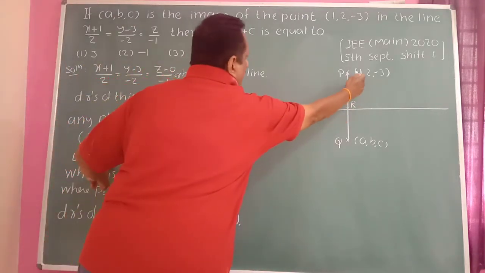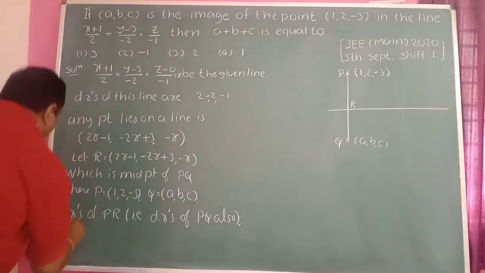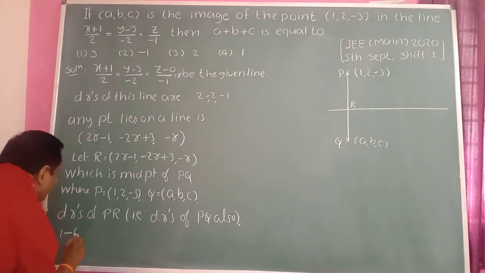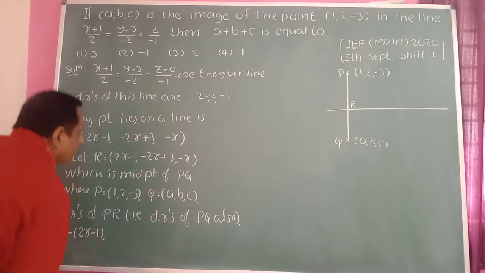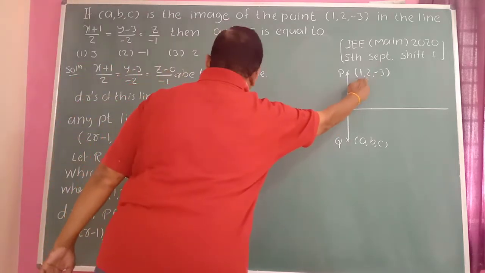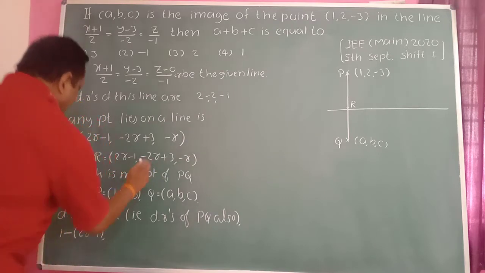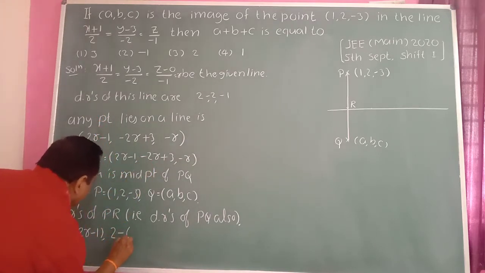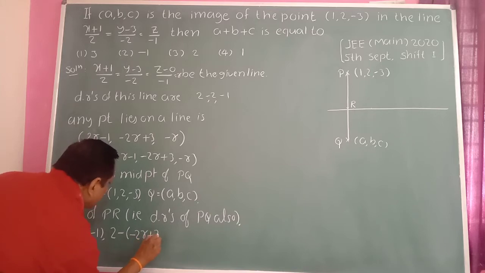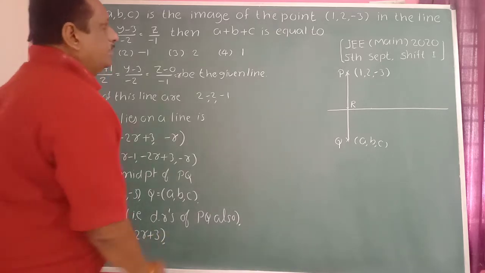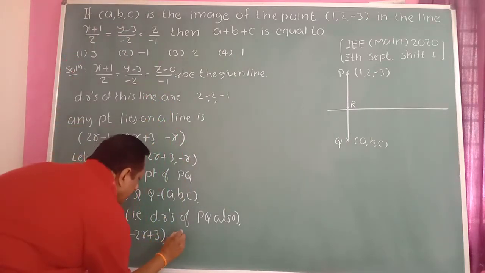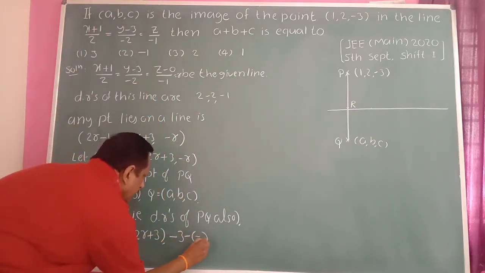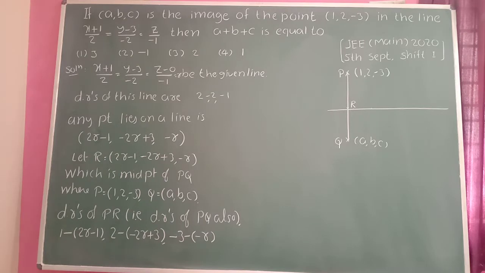Therefore 1 minus (2r minus 1), then 2 minus (minus 2r plus 3), then minus 3 minus (minus r).